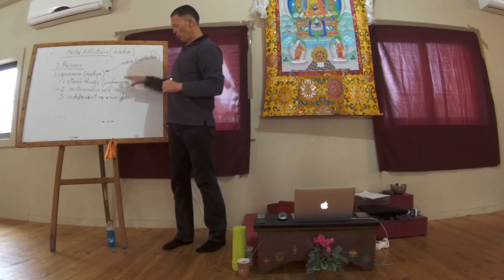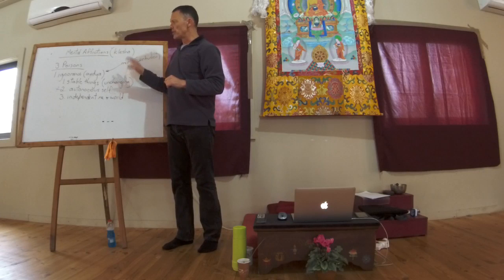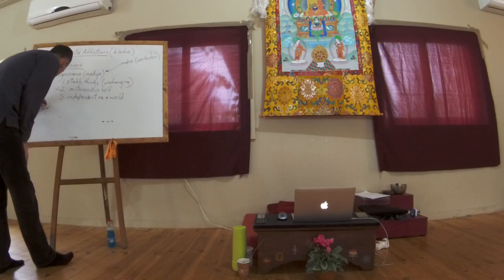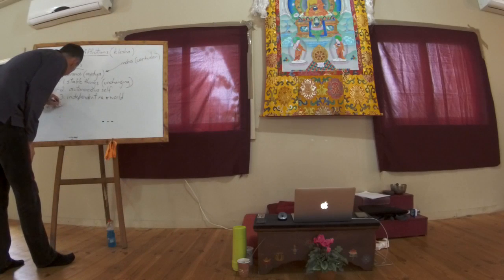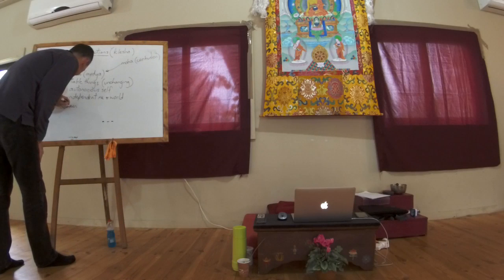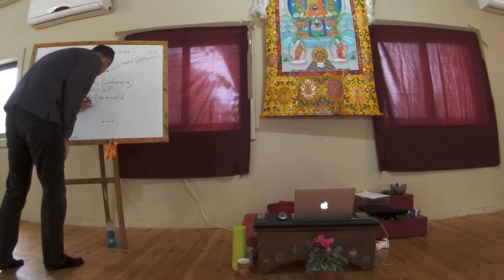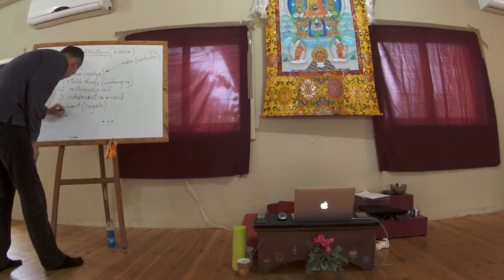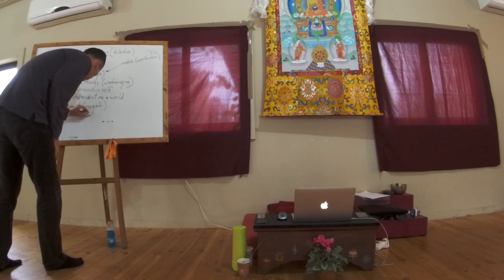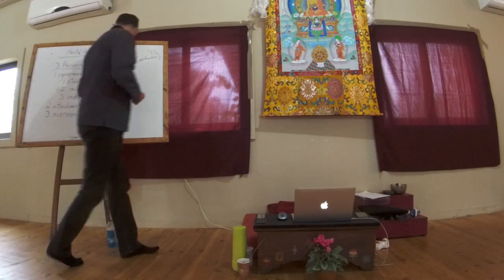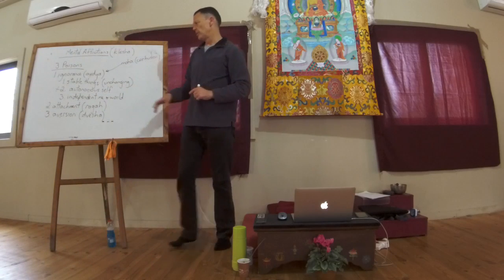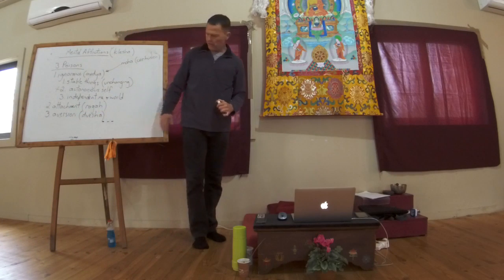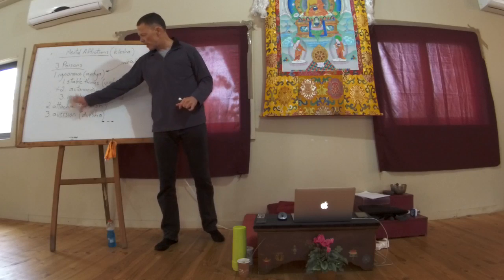Okay. What I want to focus on in this session is the other two of the three poisons, which are attachment and aversion. Attachment in Sanskrit is raga, aversion in Sanskrit dvesha. So first I want to define them and then we'll look at each one in more detail.